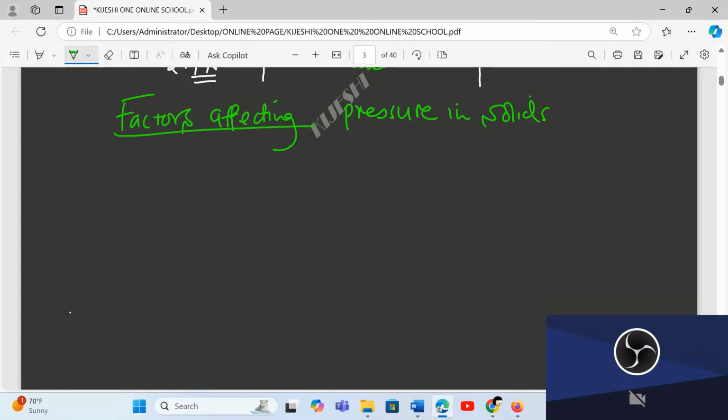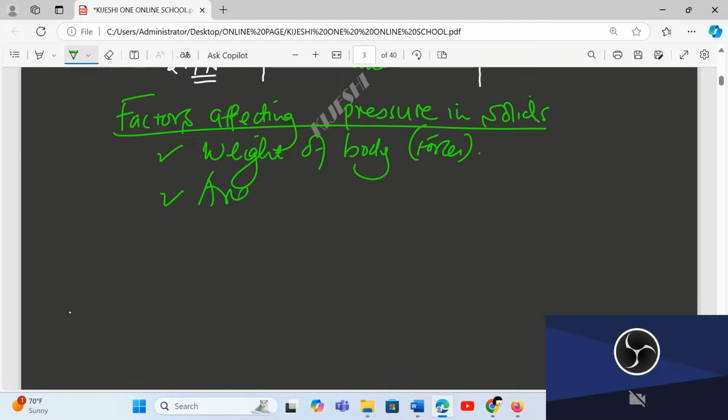Here we have weights of body, and this is bringing out to us the force, the magnitude of the force, and we have the area of contact.